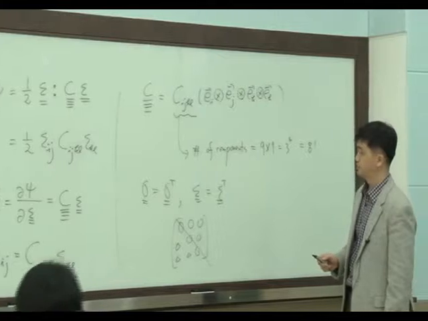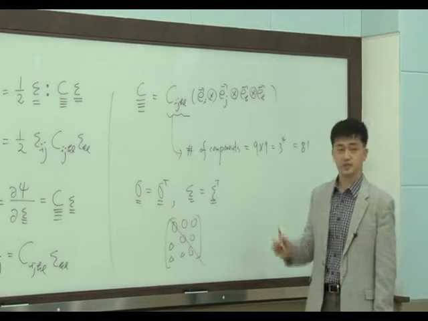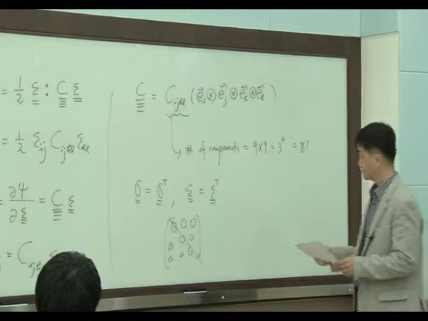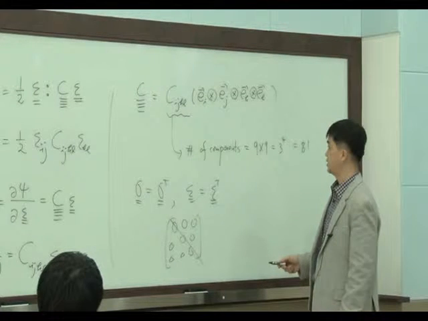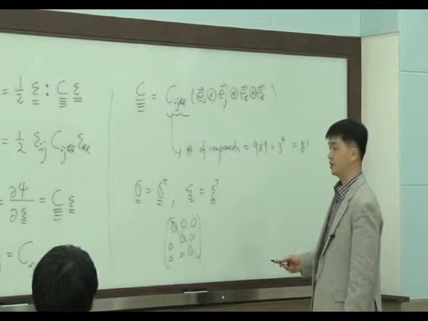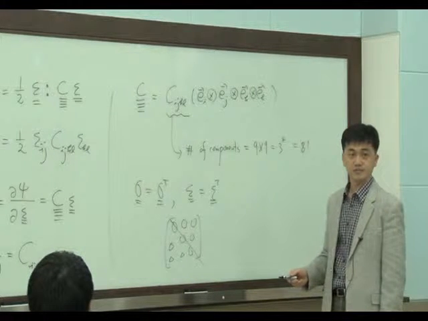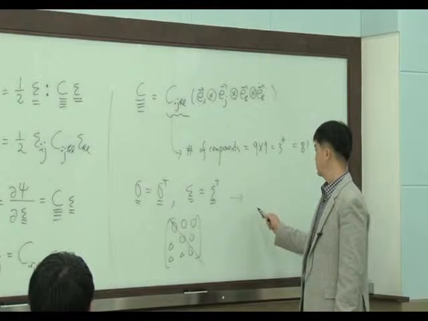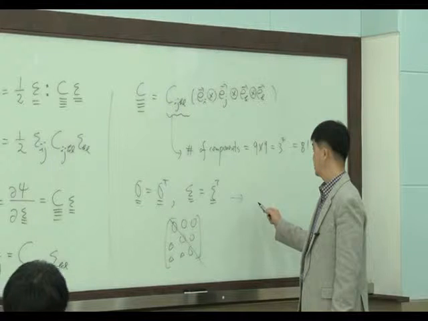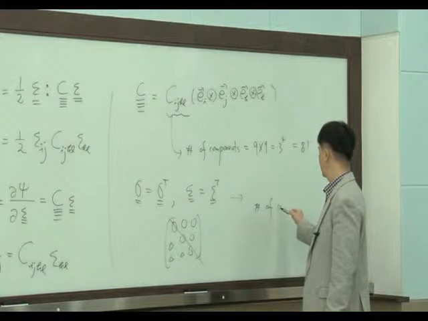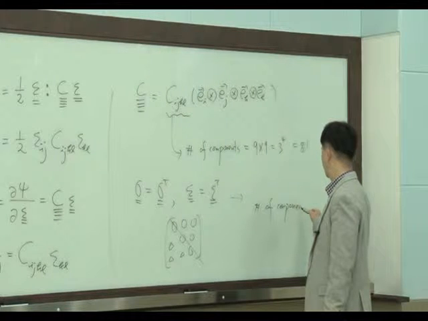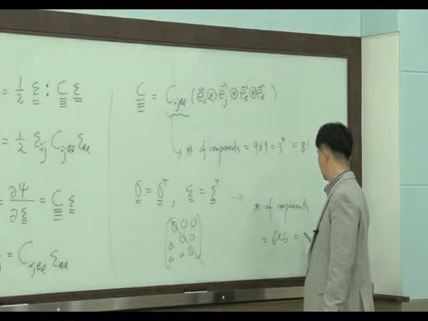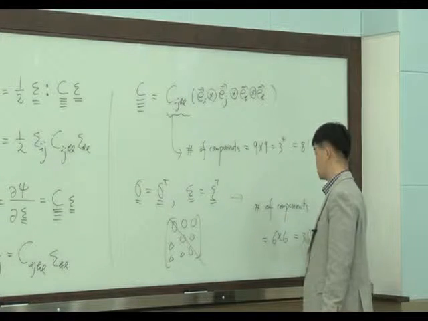So stress has 6 and strain has 6 independent components. So the number of independent components will be 6 by 6, which is 36.